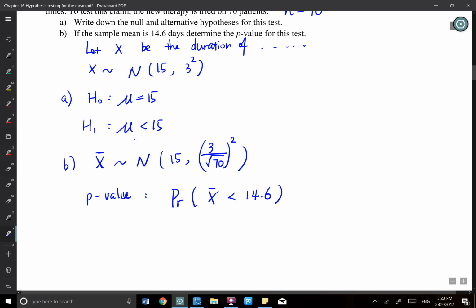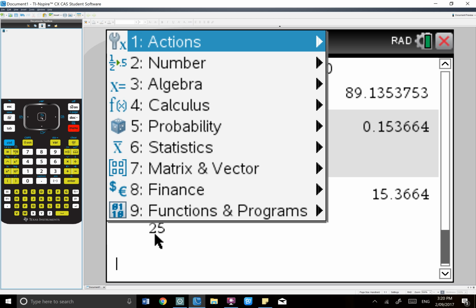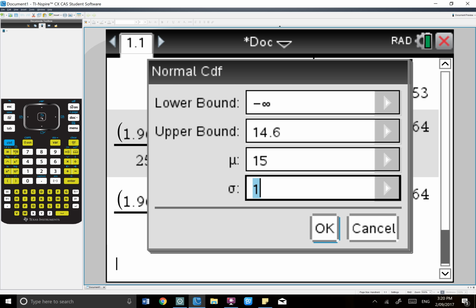So 14.6 days. Mu is 15. So from negative infinity to 14.6 days. We use the original mu because I'm testing whether it's true or not.